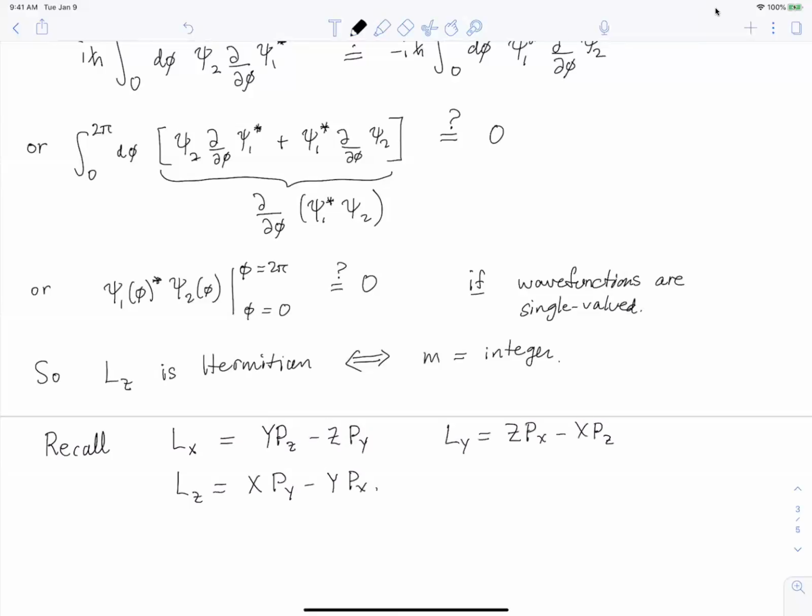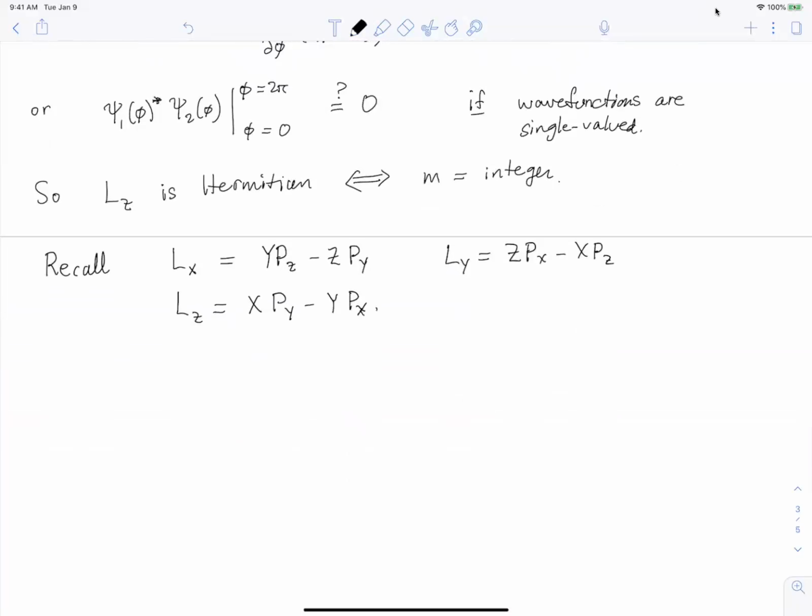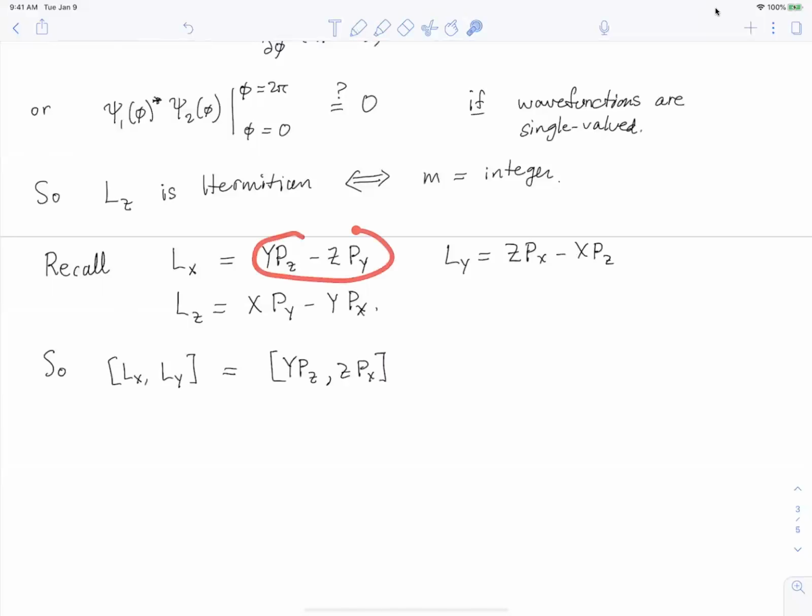Now we can just go ahead and compute the commutator of any pair of those that we would like. Let's start with the commutator of L sub x and L sub y. We can write that as the commutator of y p sub z with z p sub x. There are going to be 4 terms because there are 2 terms in L sub x and 2 terms in L sub y.